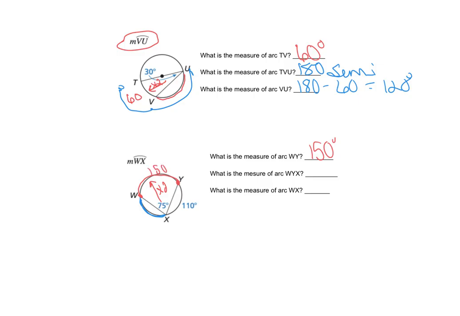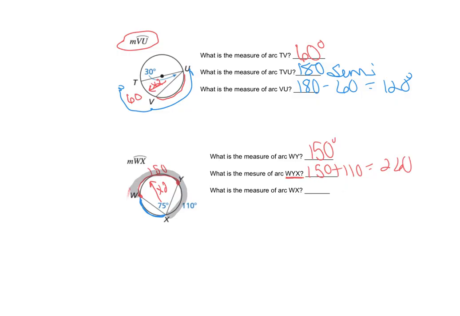Okay, WYX. WYX is all of that. And we know that WY is 150, YX is 110. So really, all we have to do to figure that out is add 150 plus 110, which gets us 260. So that gray is 260 degrees.